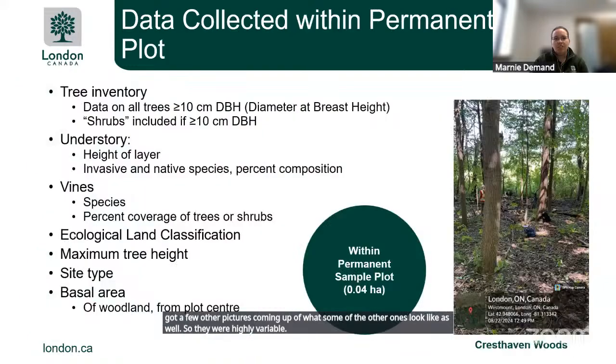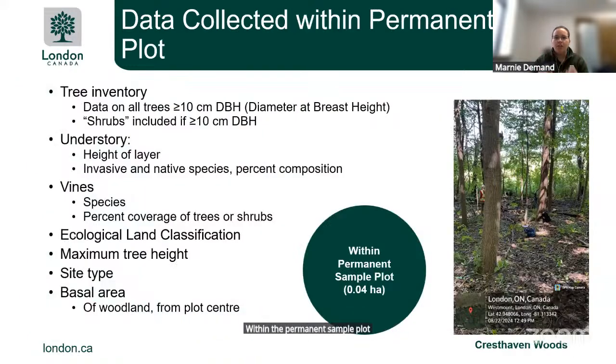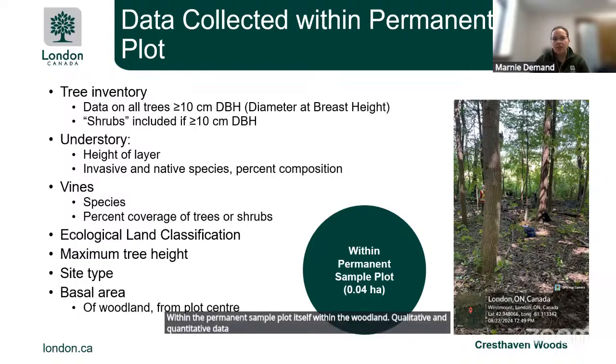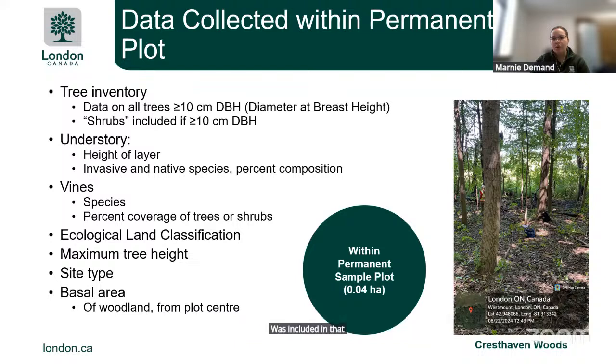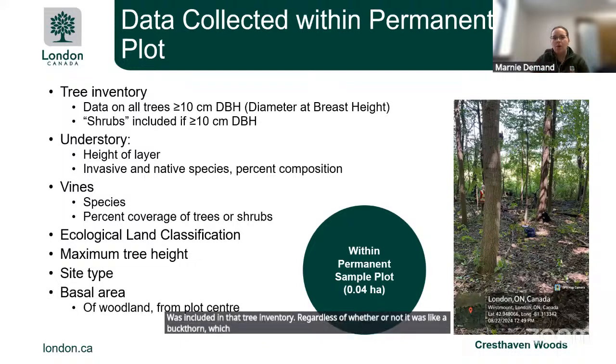Within the permanent sample plot itself, within the woodland, qualitative and quantitative data was collected, including a complete inventory of all trees over 10 centimeters in diameter at breast height. Basically anything woody that was over 10 centimeters in diameter was included in that tree inventory, regardless of whether it was something like a buckthorn, which may be classified as a tree or a shrub.